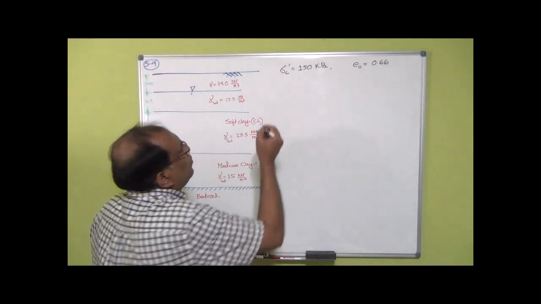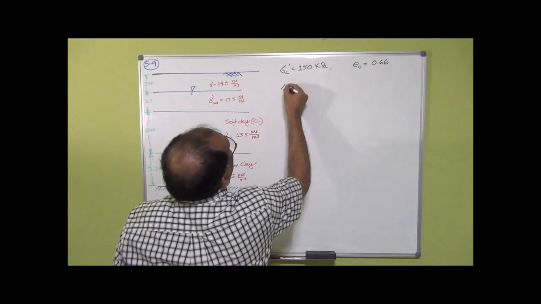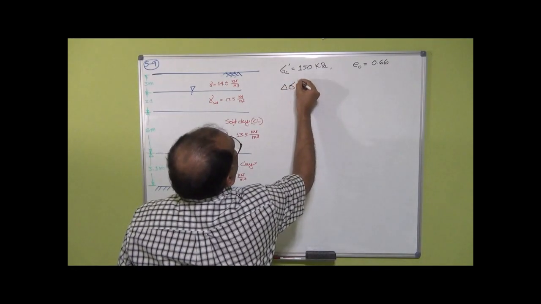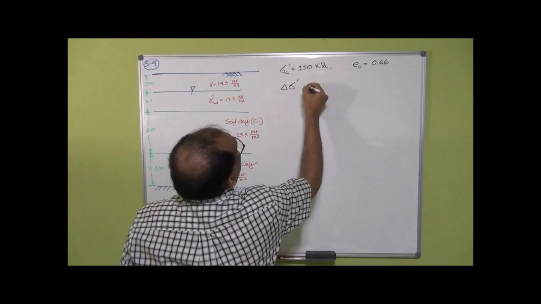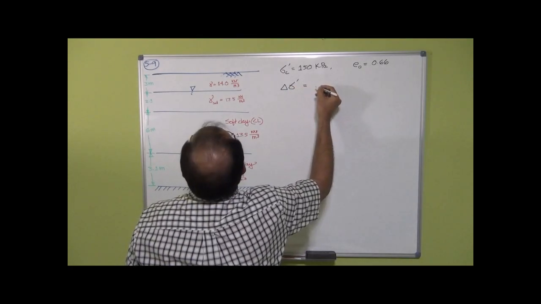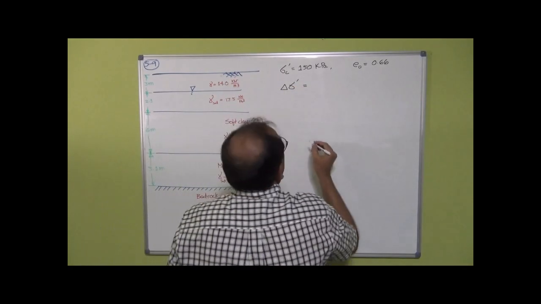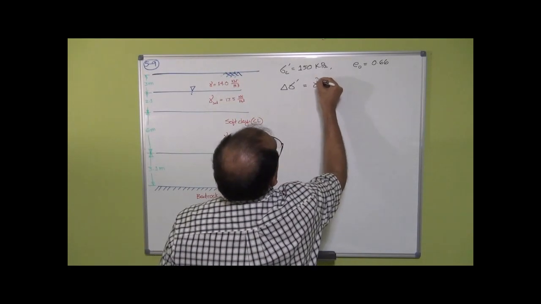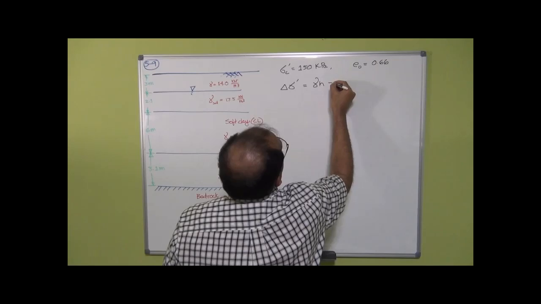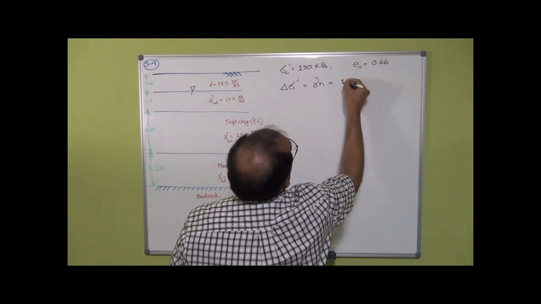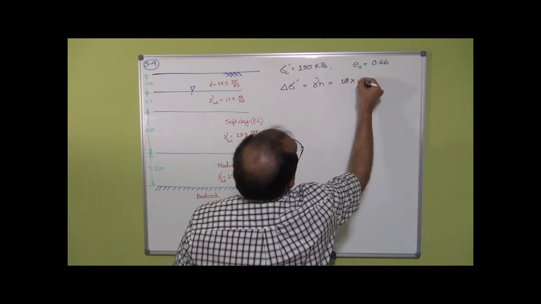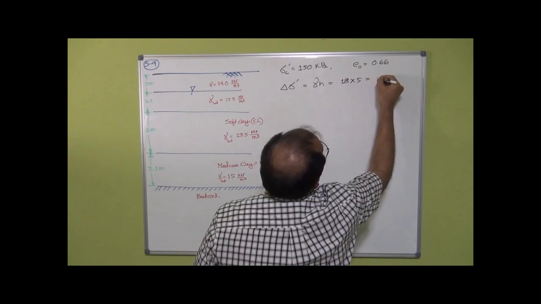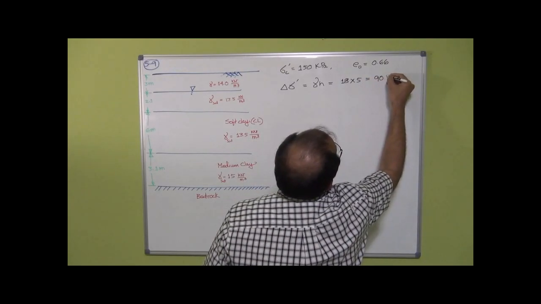We call that one actually del sigma prime. If you construct a fill here, the pressure that's coming from there is gamma H, gamma equal to 18 multiplied by 5, that's actually 90 kPa.